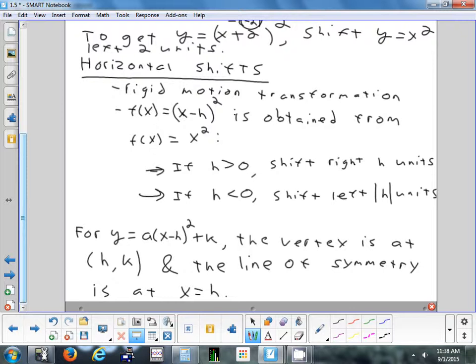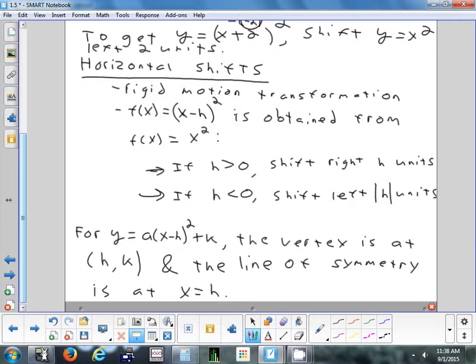Also, as we shift it, we're going to move the line of symmetry around, and the vertex. In this particular equation, the only things that really affect where the vertex is going to go are the up and down shifting and left and right. Normally your vertex is right at the origin. But if you shift it left and right and up and down, that's where the vertex goes: however much you shifted it left or right, and then however much you shifted it up or down.